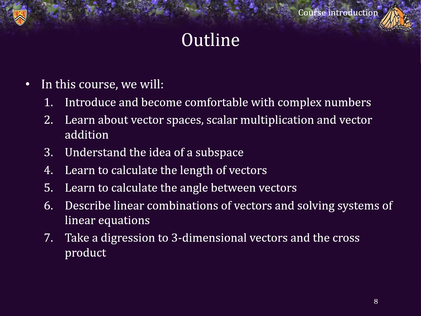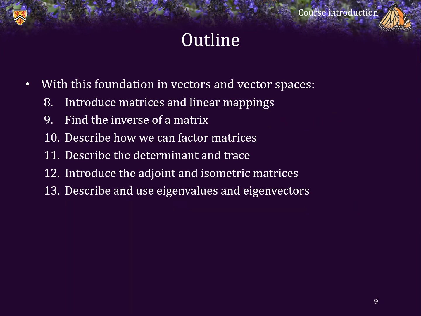From here, we will calculate the length of vectors and calculate the angle between vectors, that is, using the inner product, or as you may have seen it, the dot product. We will describe linear combinations of vectors and look at solving systems of linear equations. We'll then take a quick digression to three-dimensional vector spaces and the cross product.